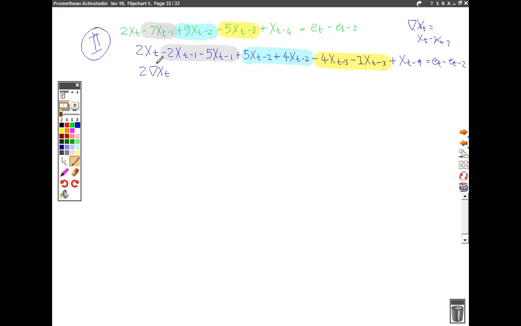So this will be xt minus 1, so taken into account. Now I will write minus 5 nabla xt minus 1, right? And then plus 4 nabla xt minus 2. And then there is just minus nabla xt minus 3. Again being equal to et minus 2.